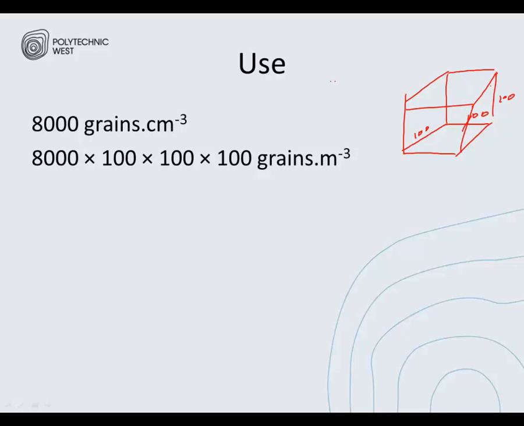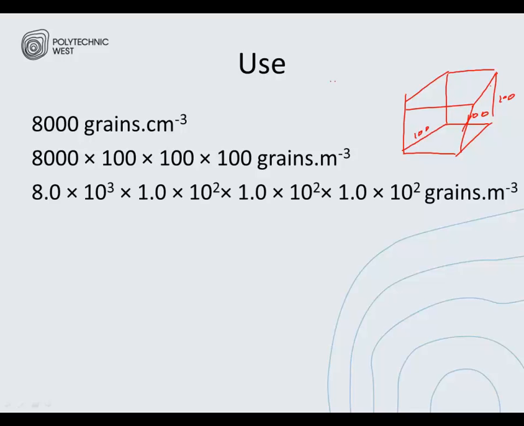I'll put all of those into scientific notation, which gives me 8 times 10 to the 3 times 1 times 10 to the 2 times 1 times 10 to the 2 times 1 times 10 to the 2. Now, the beauty of scientific notation is that all you have to do is multiply the numbers: 8 times 1 times 1, which equals 8.